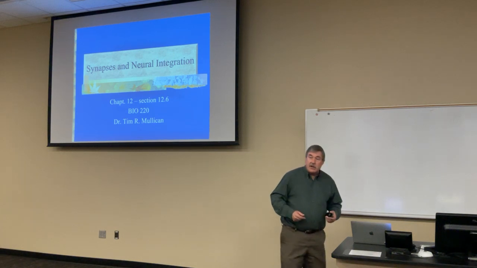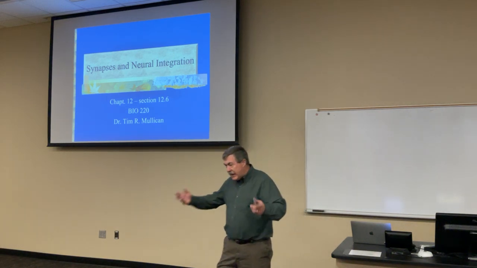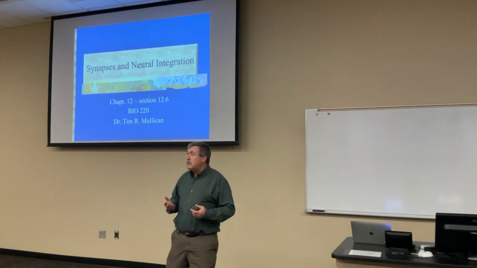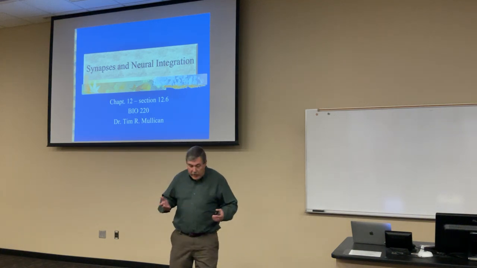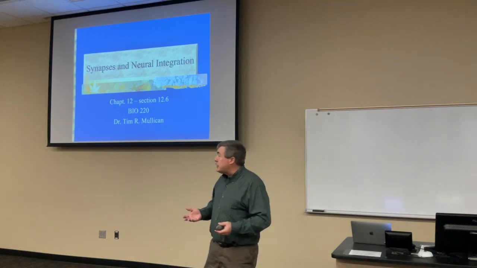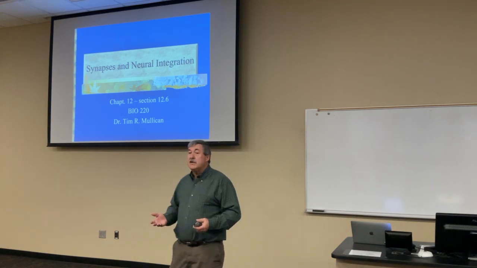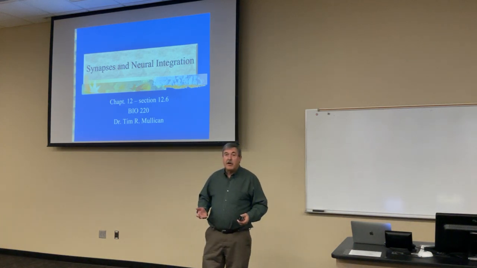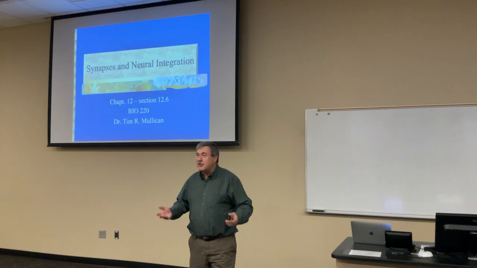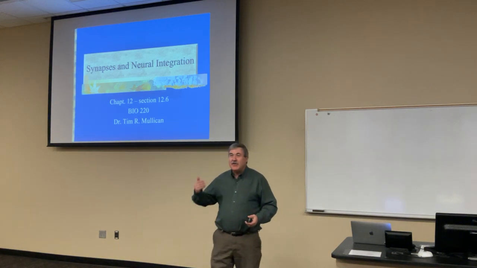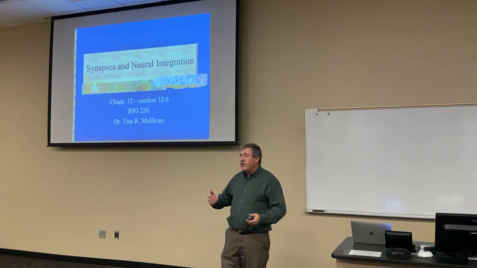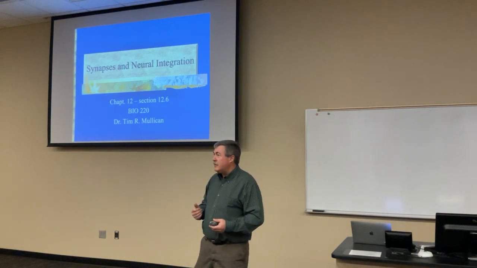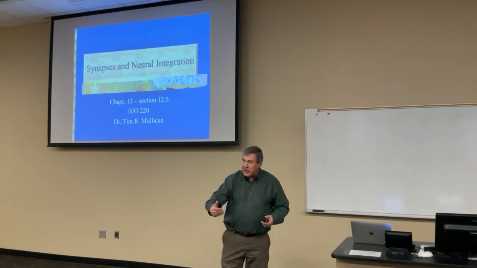So, today we're going to start the next section in Chapter 12. Now that we've seen the mechanism of local potentials or graded potentials and action potentials, now we're ready to see what happens next. So, as Paul Harvey used to say, this is sort of the rest of the story. So we've seen how a signal can get from the axon hillock to the end of the axon, where the synaptic knobs are located.